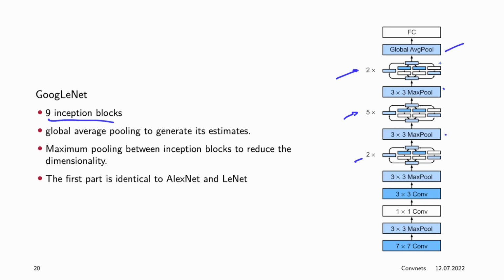At the end it also has a global average pool operation, and in the beginning it uses a 7x7 convolution, a 1-by-1 convolution, then a convolutional layer with a 3-by-3 convolution followed by a max pool. So the first part is identical to how it would be in AlexNet or LeNet, and then it employs these newly introduced inception blocks.